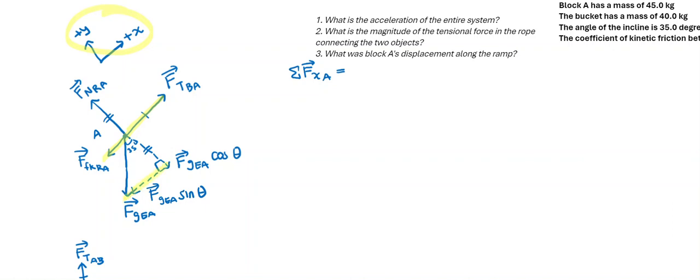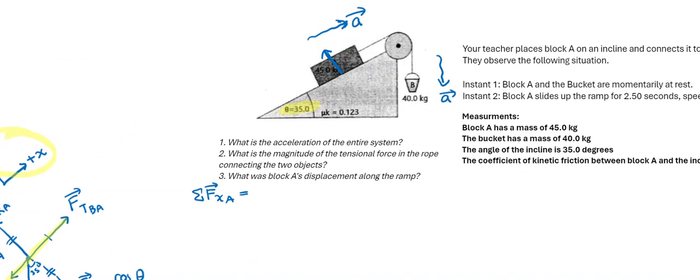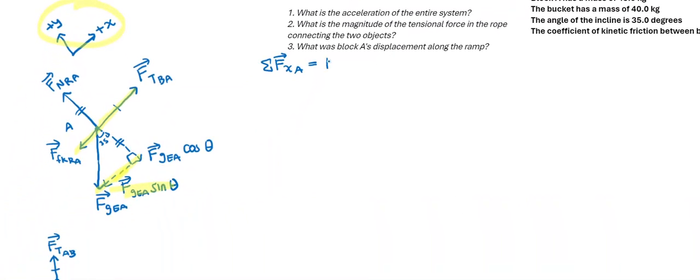That's going to be these three forces. A lot of people forget to put the gravity in the x direction, so we've drawn it out to help not forget. Because acceleration is in the direction of the tension force, as we see here, it's going to be tension minus the friction force minus gravity in the x direction.